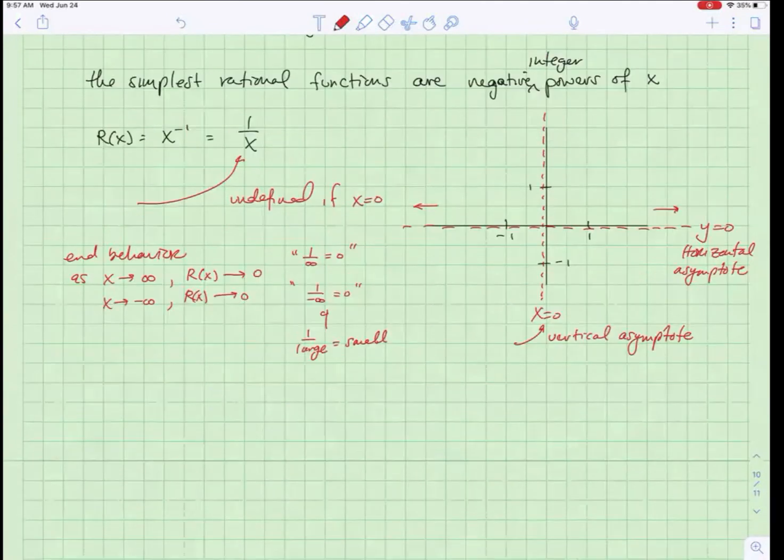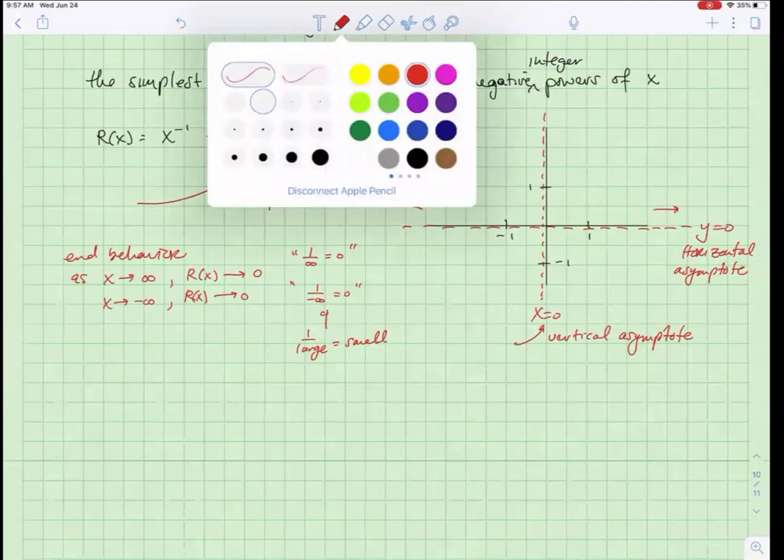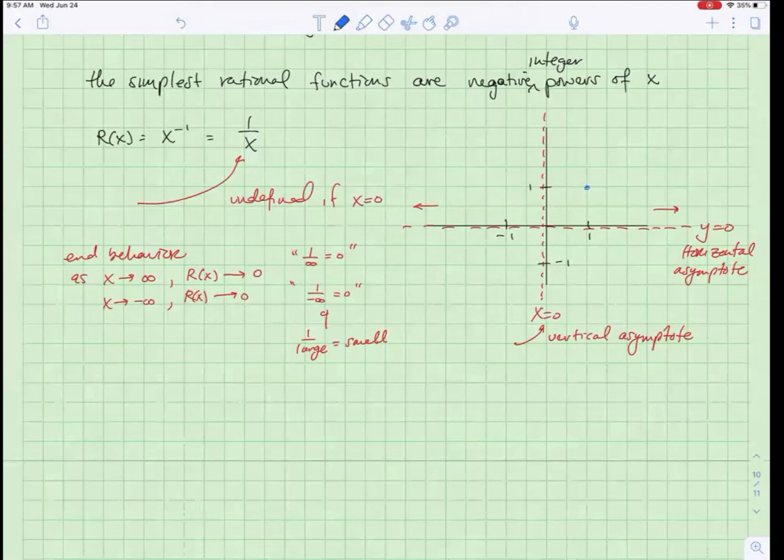And let's see, when we plug in 1, we get 1 over 1, which is 1. When we plug in negative 1, we get 1 over negative 1, which is negative 1. And then as we plug in larger and larger values, this tends to get smaller and smaller. And as we plug in larger and larger negative values, this also gets closer and closer to 0.